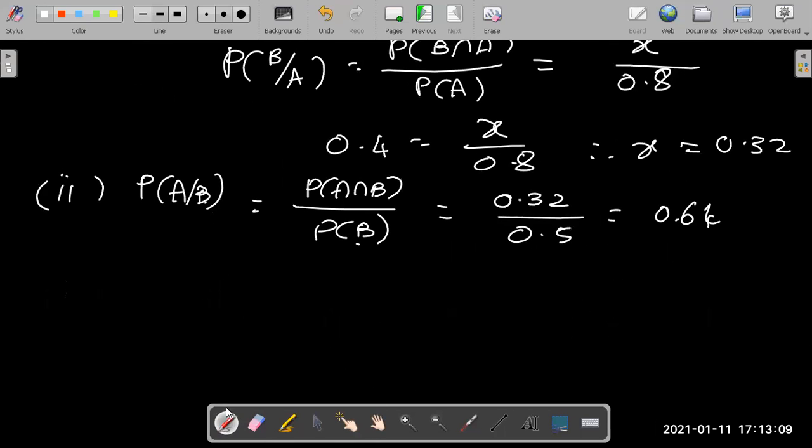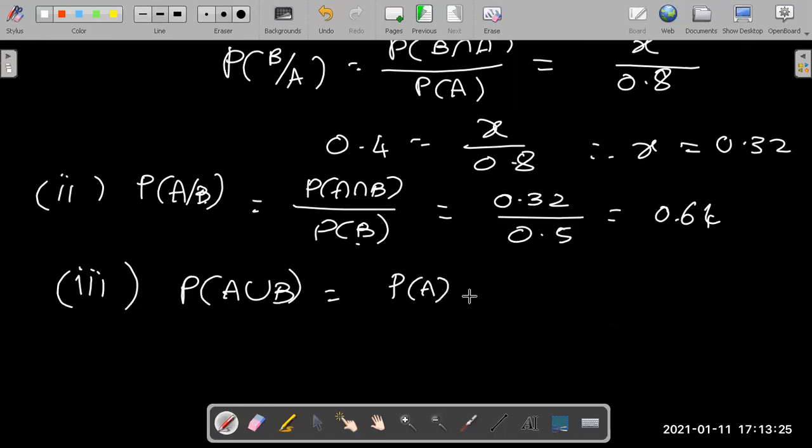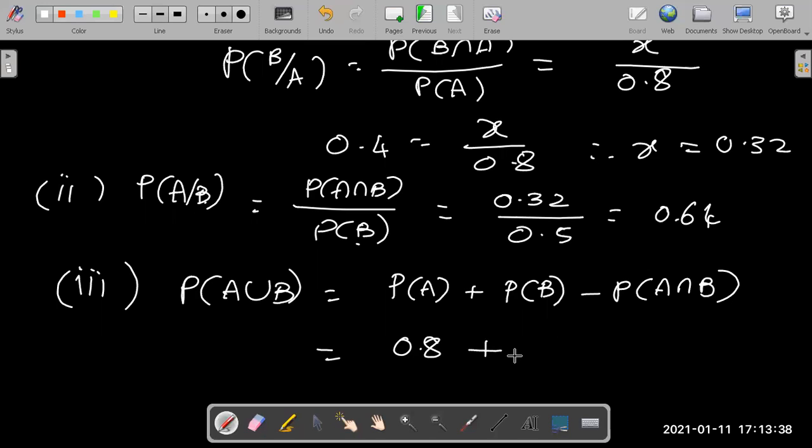Then the third one, probability of A union B. So we use that formula. Probability of A union B is nothing but probability of A plus probability of B minus probability of A intersection B. Probability of A is 0.8, probability of B is 0.5, minus probability of A intersection B, which is 0.32.